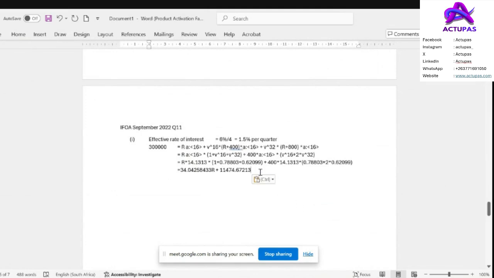And then we can get our R. Make R the subject. It then becomes 300,000 minus 11,474 divided by the 34.04.